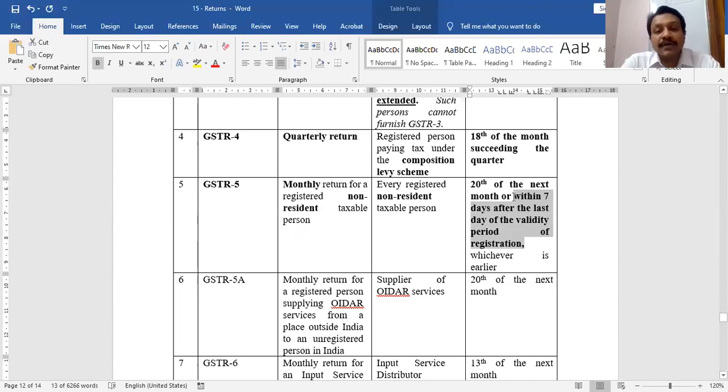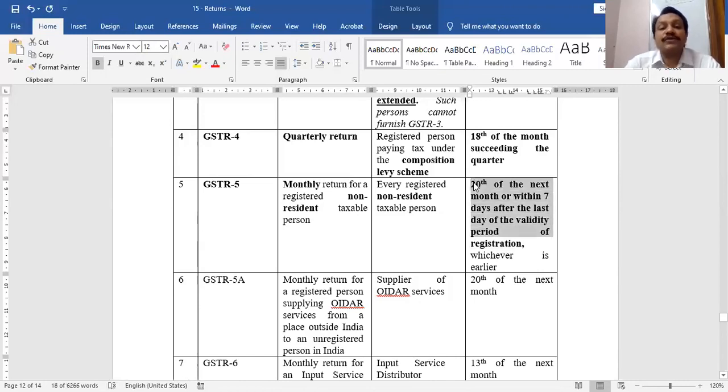For example, I am a non-resident and I have to furnish the return for January 2020. So what is the due date? 20th February, the 20th of the next month, or 7 days after the last day of the validity period.